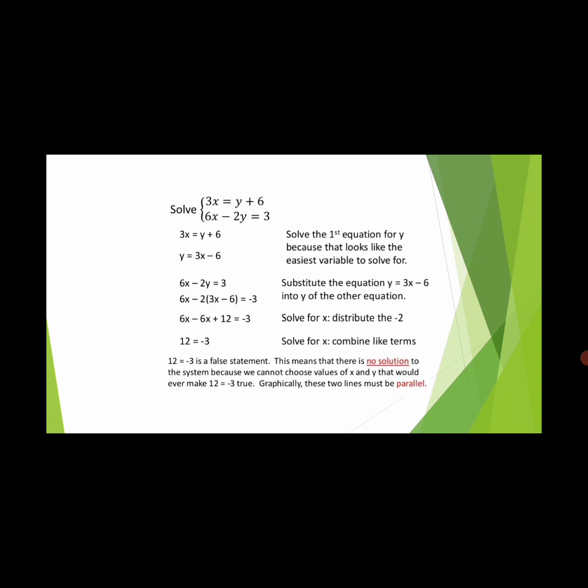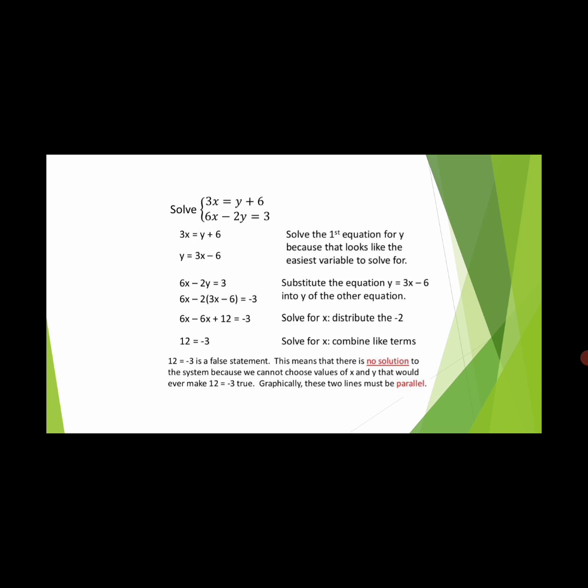And the next example is 3x equal to y plus 6, and 6x equal to 2y plus 3. First we solve the first equation for y, because that looks like the easiest variable to solve for. Y equal to 3x minus 6. Now this y value is substituted into the other equation.